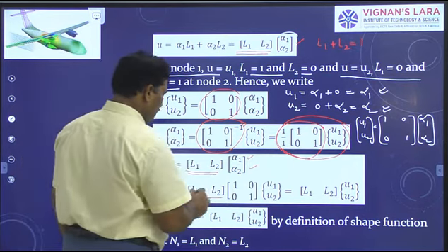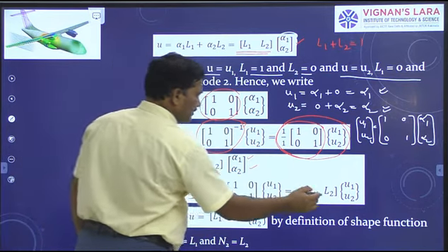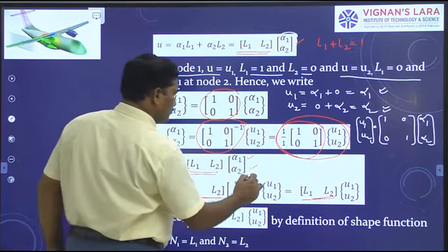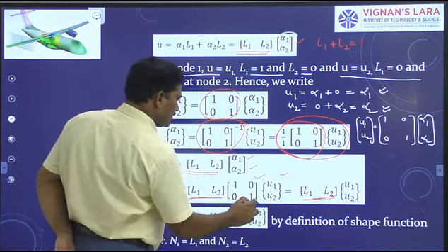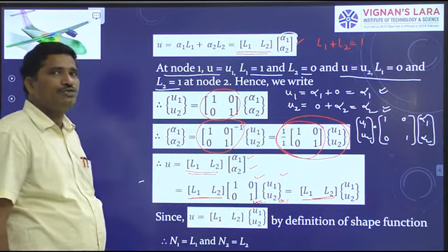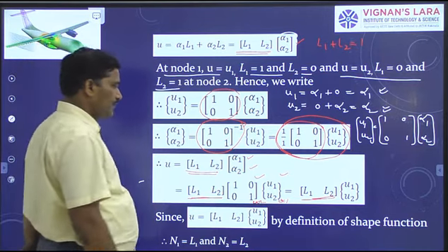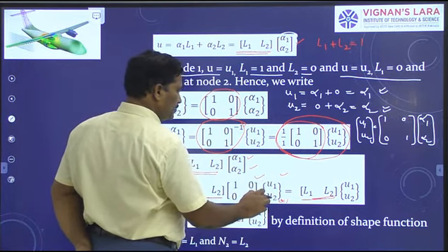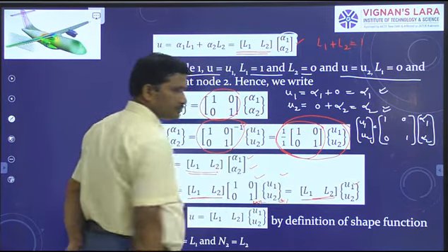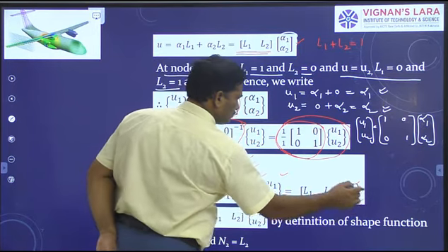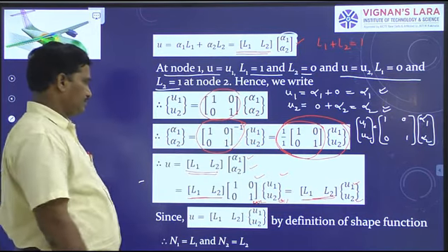Now multiply these two. The size of this is 2 by 2, the size of this is 2 by 1, so you get ultimately a 2 by 1 matrix. When you multiply these two, 1 into U1 plus 0 into U2, you get U1. 0 into U1 plus 1 into U2, you get U2.